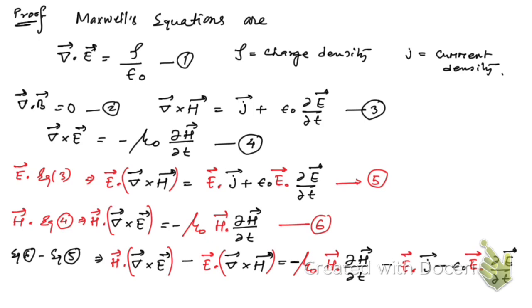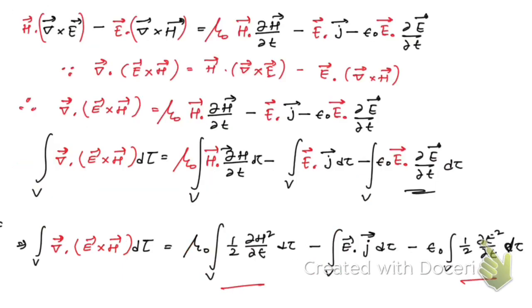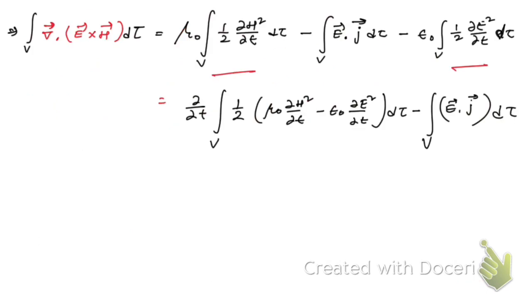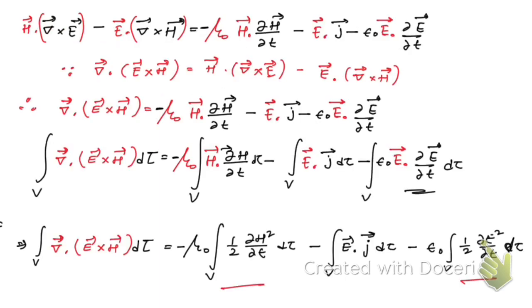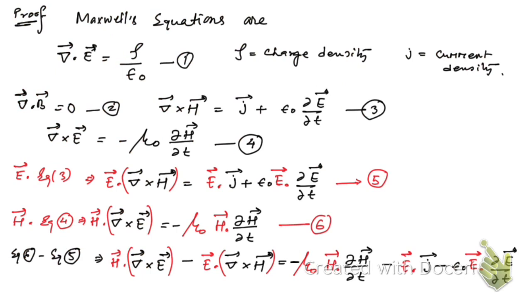If that is the case, then this term should also be negative, and this one too. So we can take the minus sign common, and then this sign will be positive. I forgot to put this minus sign here.